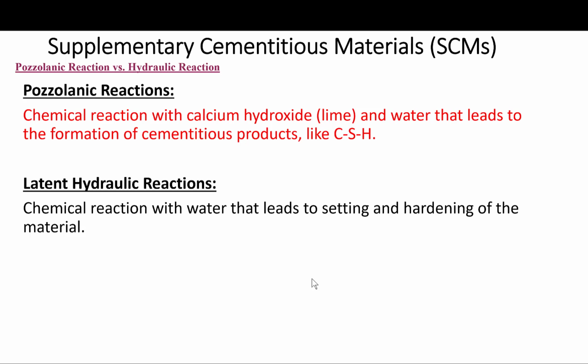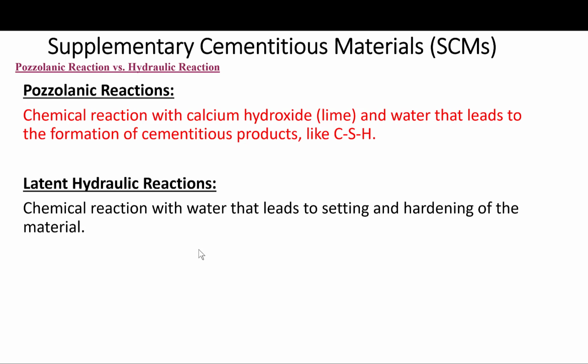It reacts with lime to result in the formation of calcium silicate hydrate. So it does not have cementitious characteristics on its own. On the other hand, the latent hydraulic reactions are chemical reactions with water that lead to setting and hardening of the material without any help needed.